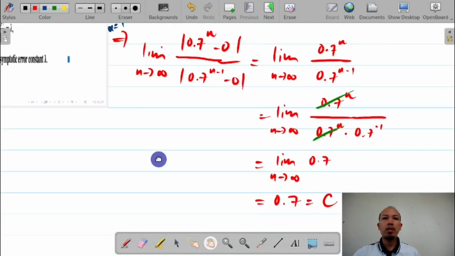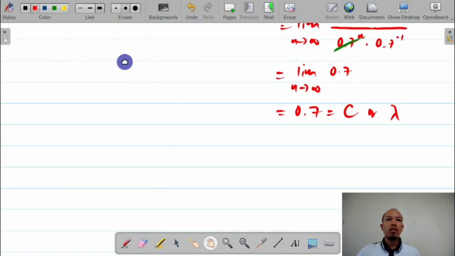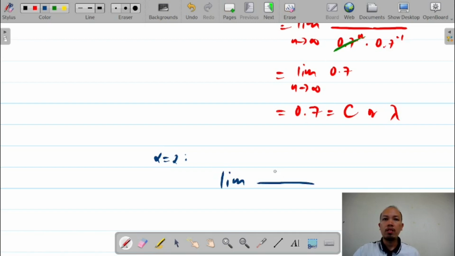Okay, so how about if we try to solve it using alpha equal to 2. Alpha is equal to 2. So we have the limit of the absolute value of 0.7 to the n over 0.7 to the n minus 1 raised to the power of 2 as n approaches infinity.